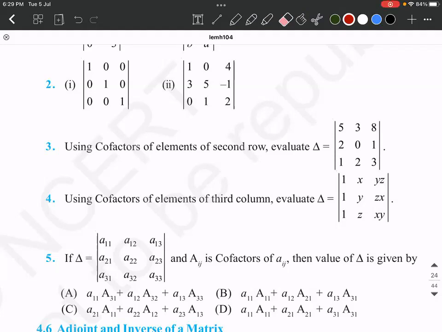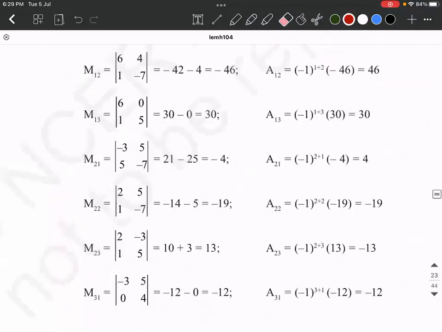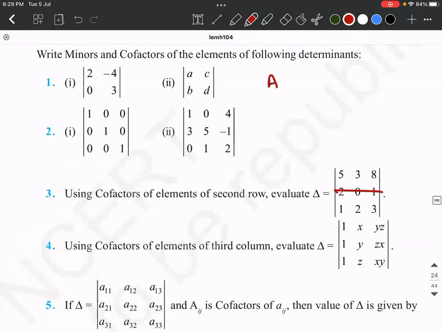What do we do for the second sum? Write the cofactors of elements of the second row. So the elements of the second row are what? 2, 0, 1. This one, so what is this element? 2. But what is the position of that element? It is in the second row, first column.